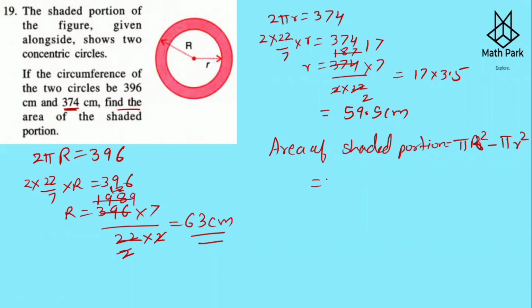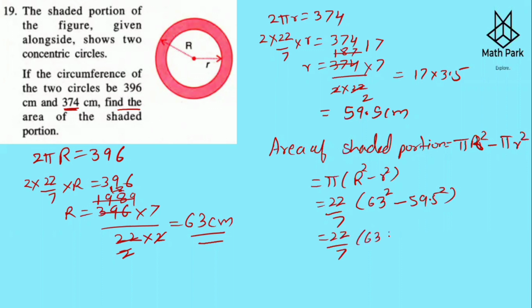Taking pi common, we have 22 by 7 into 63 square minus 59.5 square. Let us use a square minus b square is a plus b into a minus b.